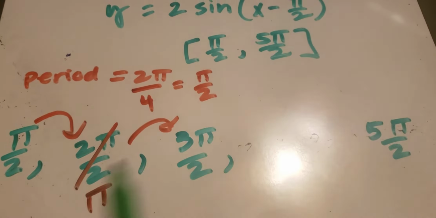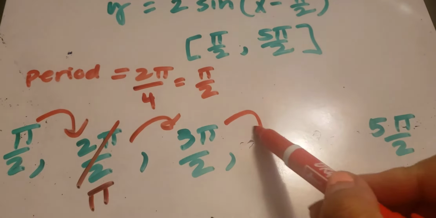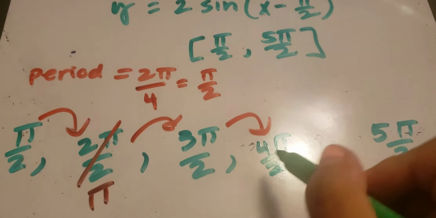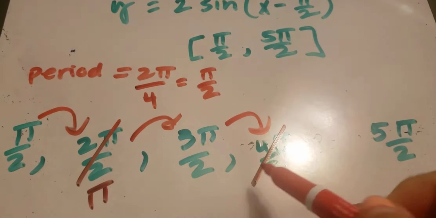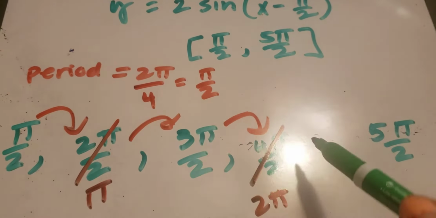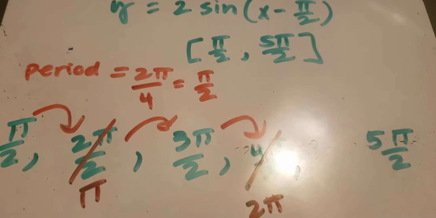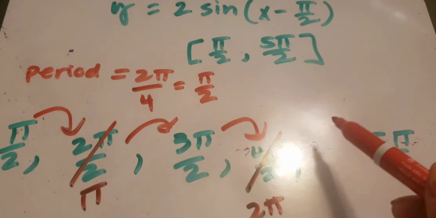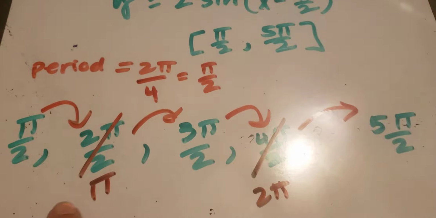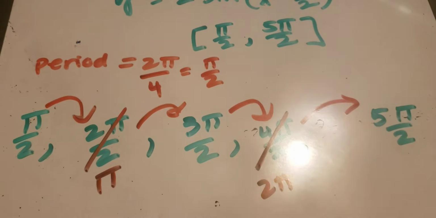And then add pi over 2 to 3 pi over 2, which gives us 4 pi over 2, and 4 pi over 2 is the same as 2 pi. And then add 2 pi and pi over 2, and that's the same as 5 pi over 2. So these are all our key points in between, okay?